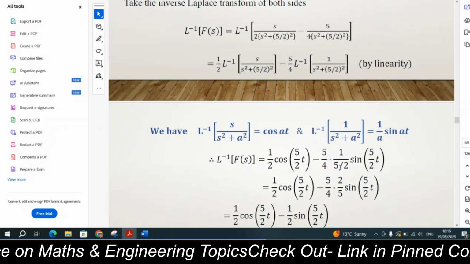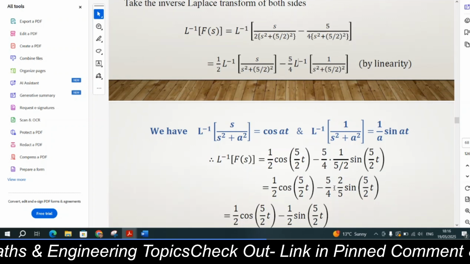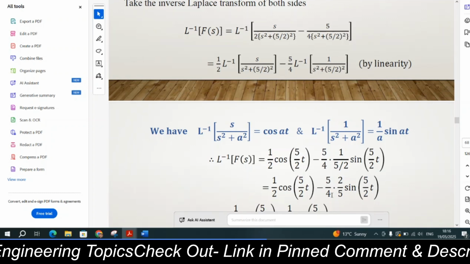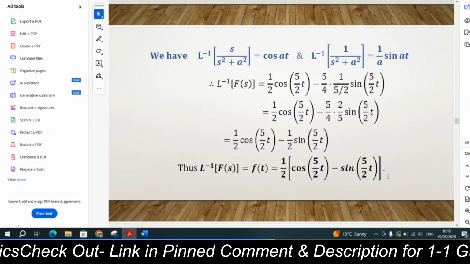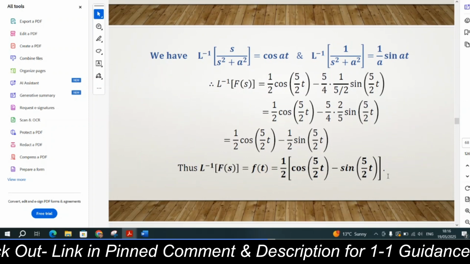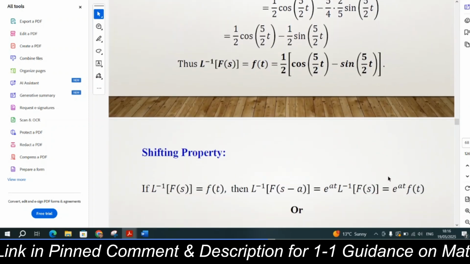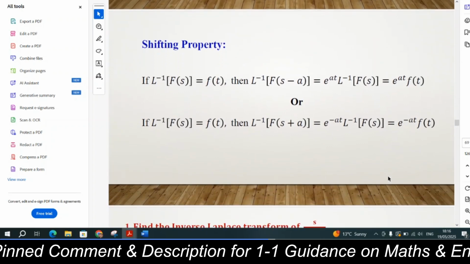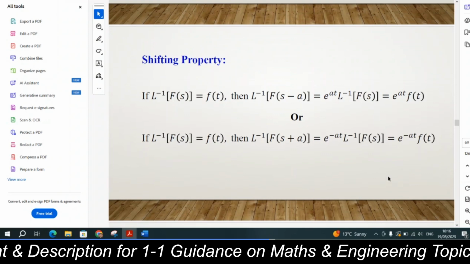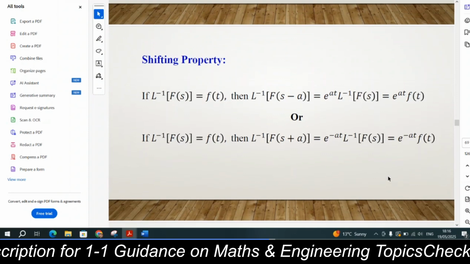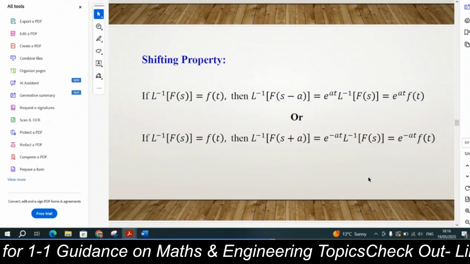So it will be half into cos pi t by 2, and this will be minus 5 by 4 into 1 over 5 by 2 into sine of pi t by 2, using 1 upon a into sine at. So this gets 2 by 5, and 5 will get cancelled, 2 by 4 becomes half. Half is common: half into cos pi t by 2 minus sine pi t by 2. That's your answer. Is that clear?